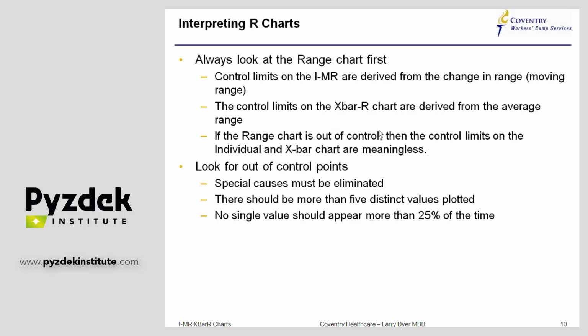If it's out of control, then the control limits on the individual and the XBAR-R chart are going to be meaningless. So you need to fix that first and look for any special causes of variation. A couple of rules of thumb: you should see more than 5 distinct values plotted on your moving range chart, and no single value should appear more than 25% of the time.